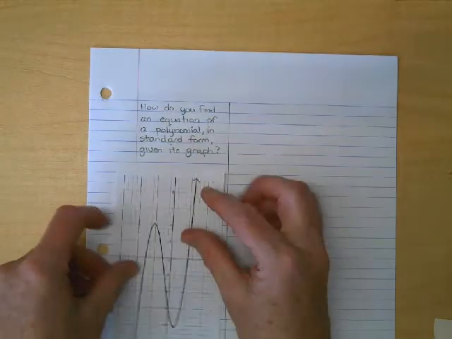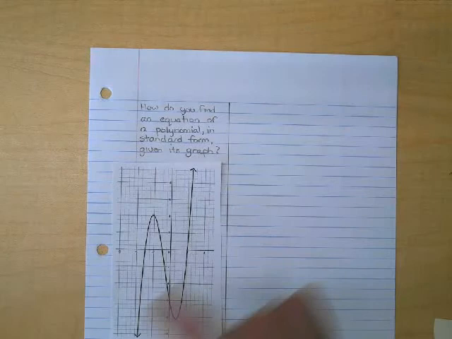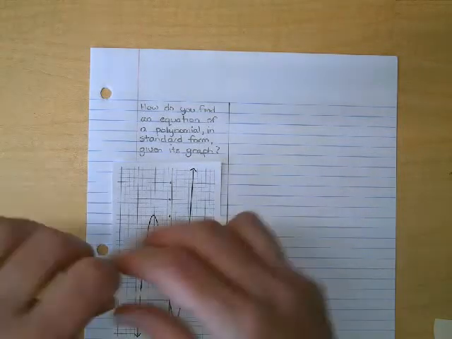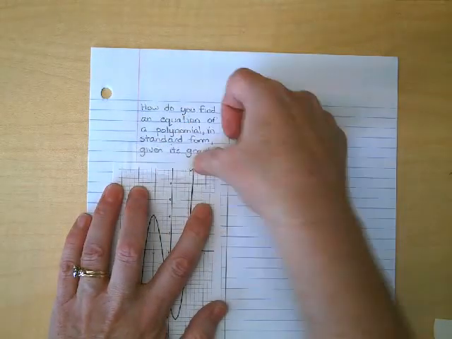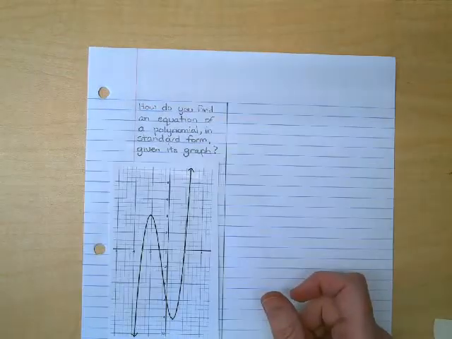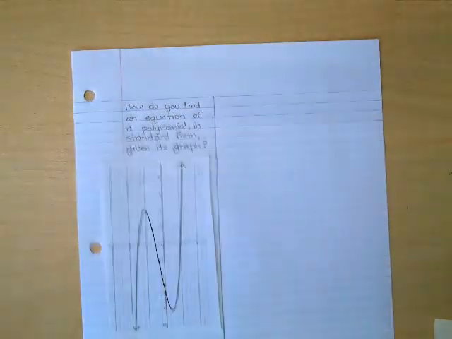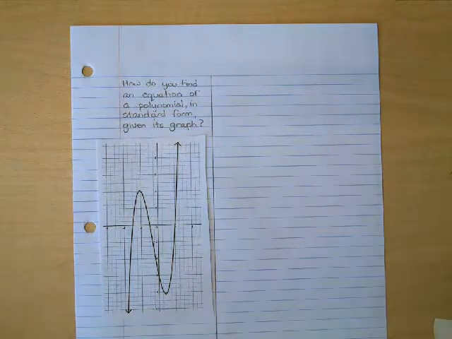There are several equations that could have a graph like this, so I'm just coming up with a general one. We'll look to see how we get less general eventually.